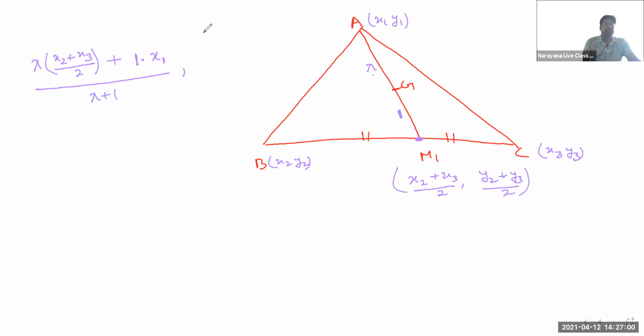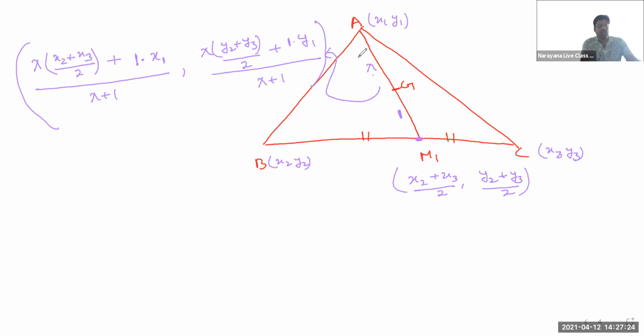This is the x coordinate of G. Similarly, lambda times of y2 plus y3 by 2 plus 1 times of y1, upon lambda plus 1. This is the coordinate of G.